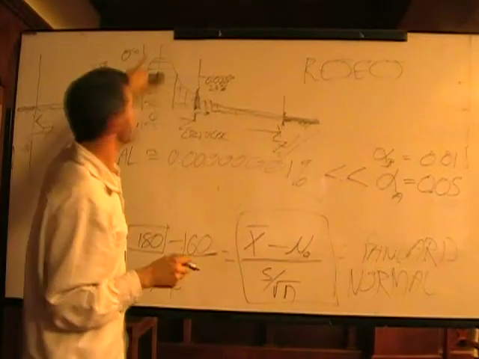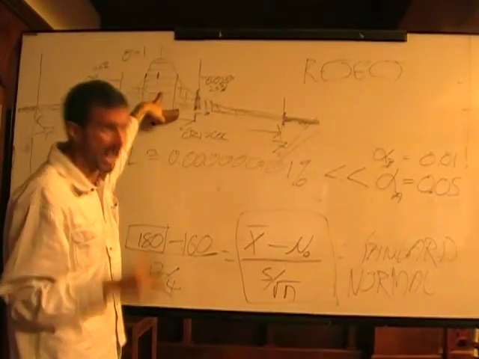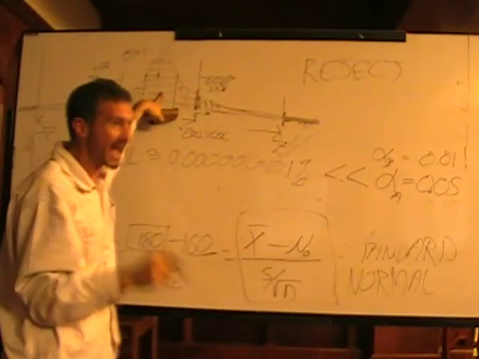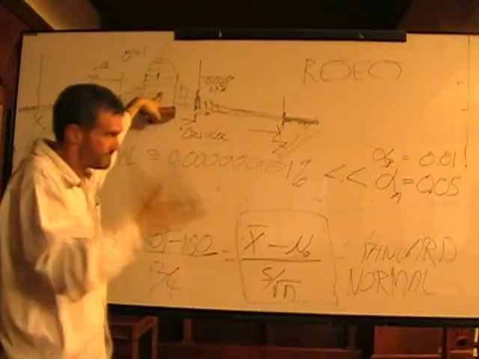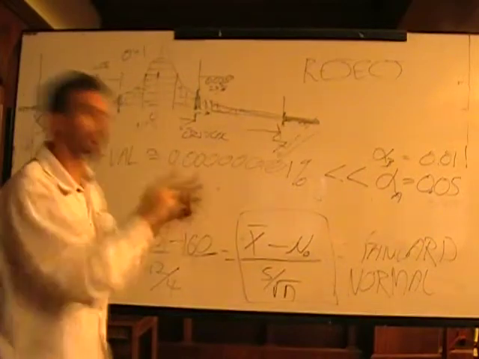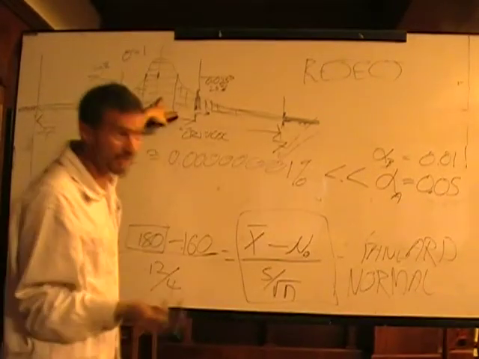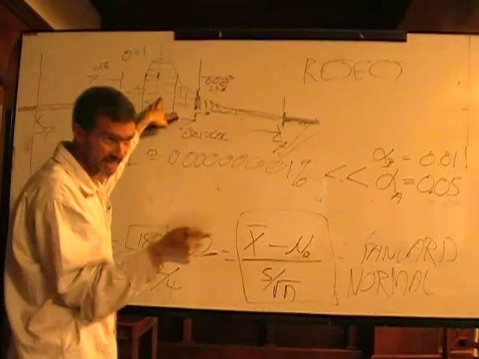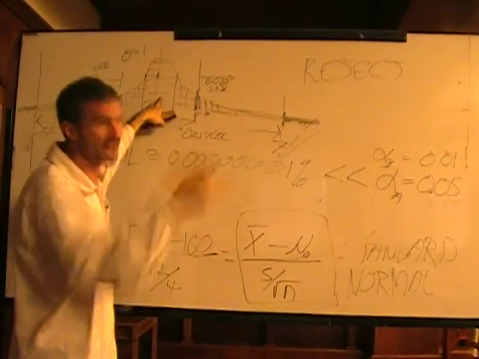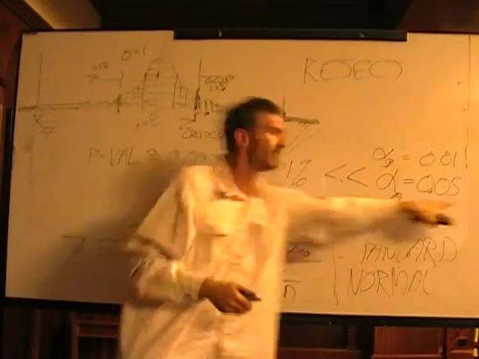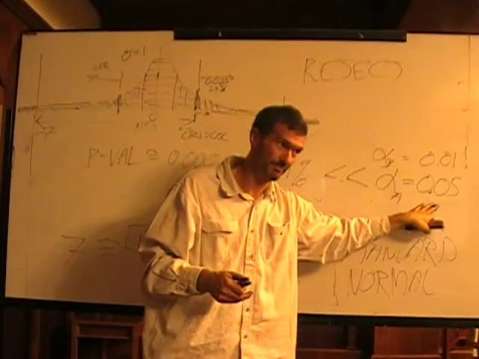So this can be correct, and we decide that it's wrong. We reject it. Even though it's correct, we erroneously, incorrectly reject 5% of the time.